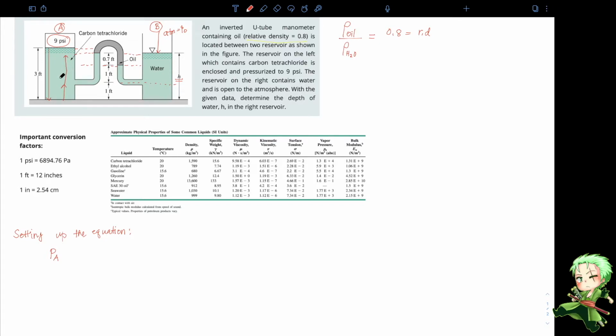Now that's a good way also of plugging in the values, but not practical, because the equation gets very long, and you know that you are moving in the same fluid, the carbon tetrachloride.